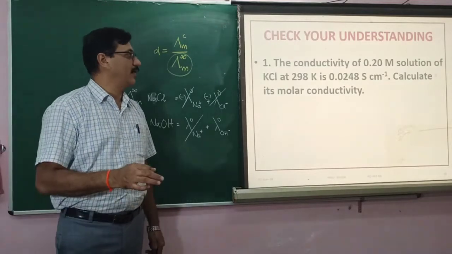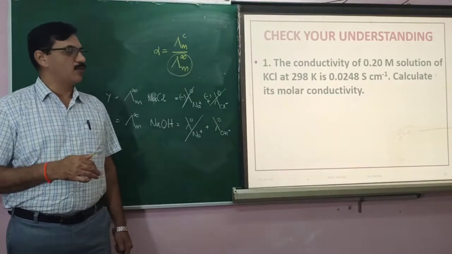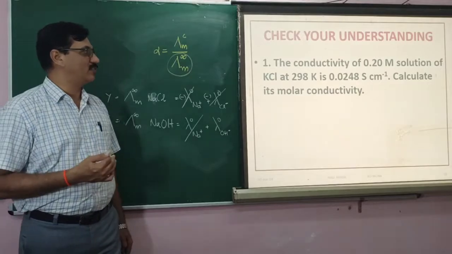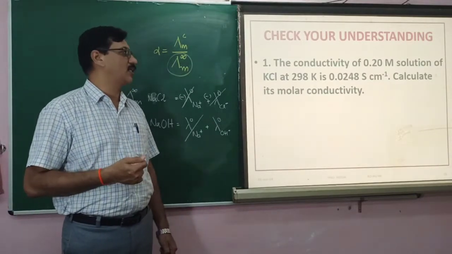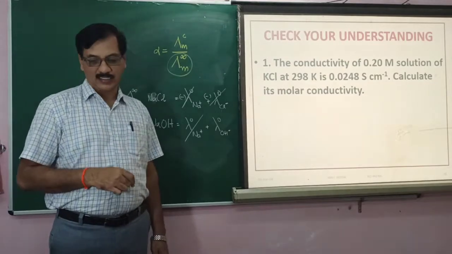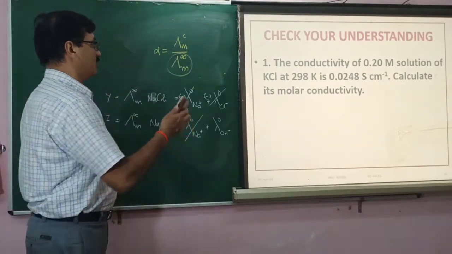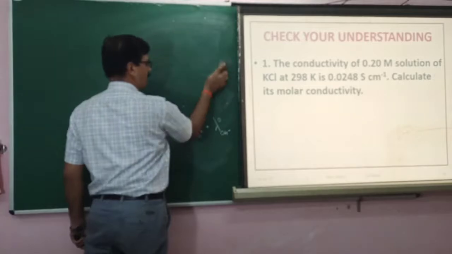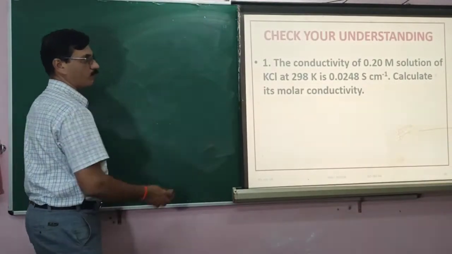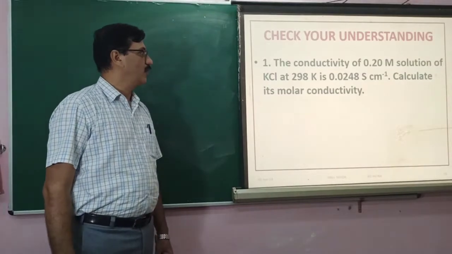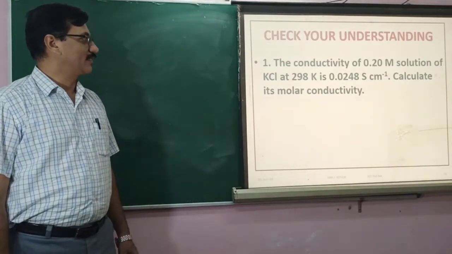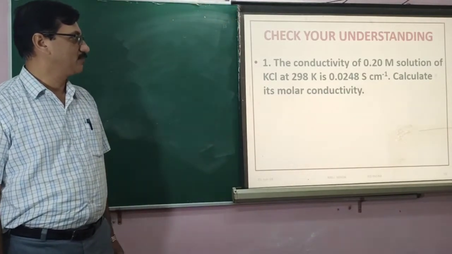Now check your understanding. The conductivity of 0.2 M solution of KCl at 298 Kelvin is 0.0248 S per centimeter. Calculate the molar conductivity. So recall what is the formula to be used for finding this. It is relating conductivity and conductance, right?